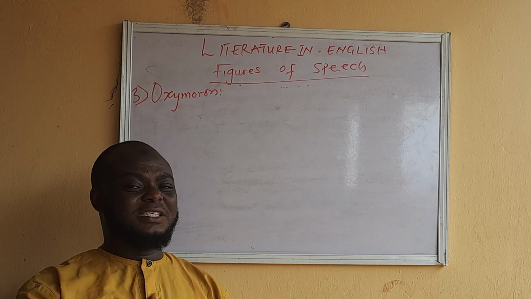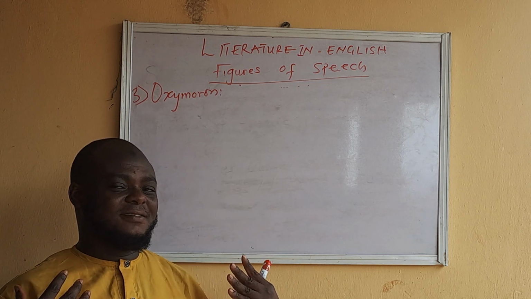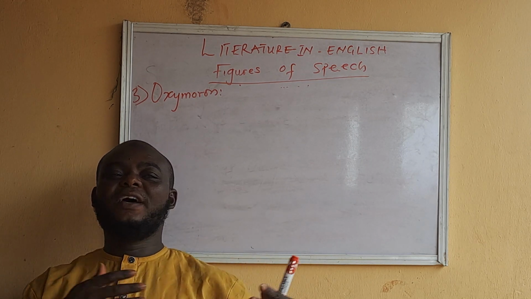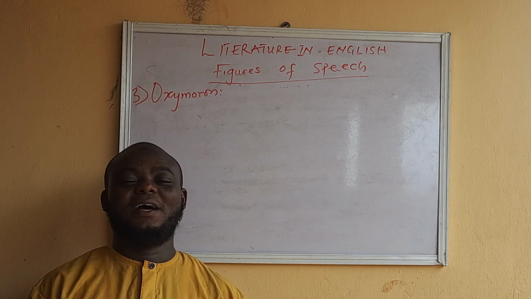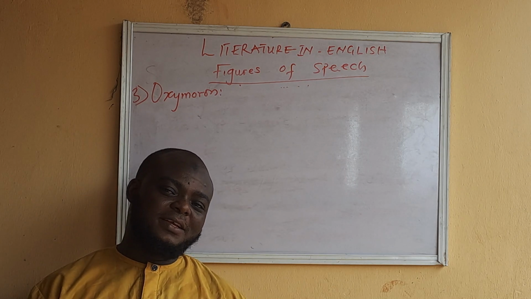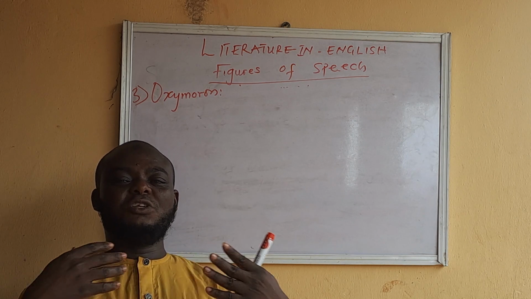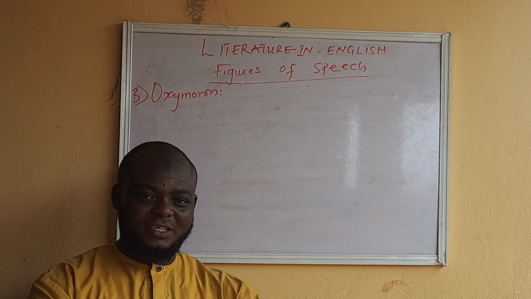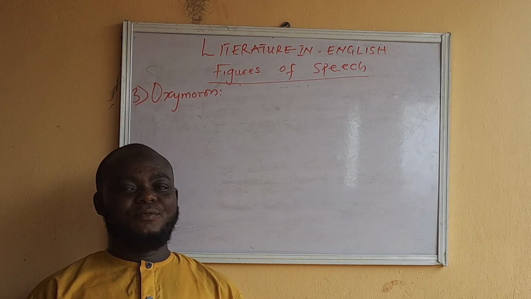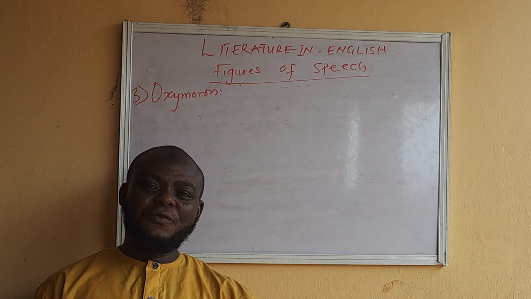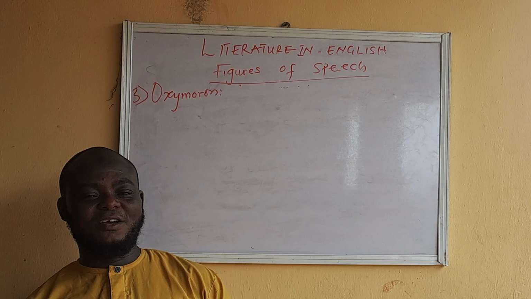We might have come across this in different books we've read in the past, but because we don't know the meaning, we find it difficult to cite an example. Because of that, we won't even know this is metaphor, this is simile, or whatsoever.